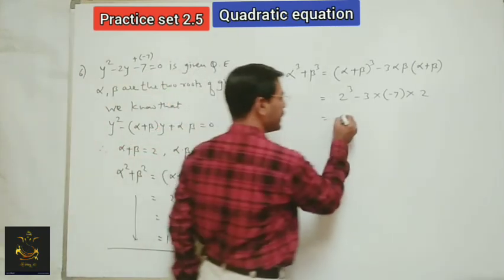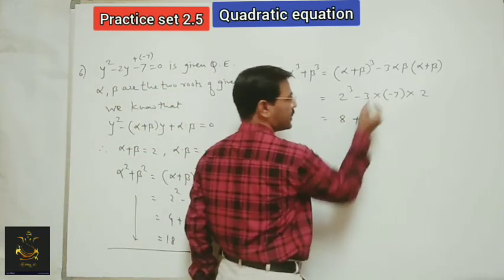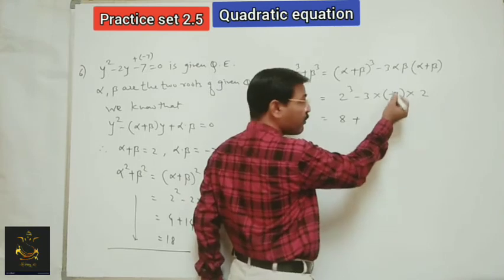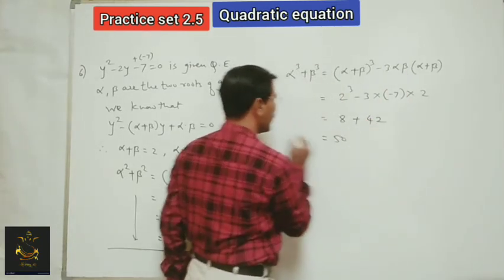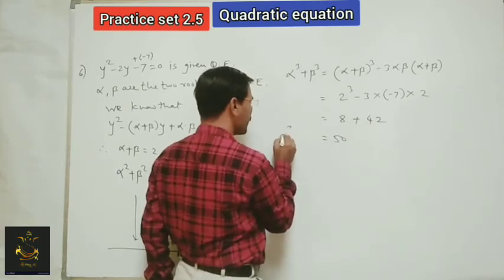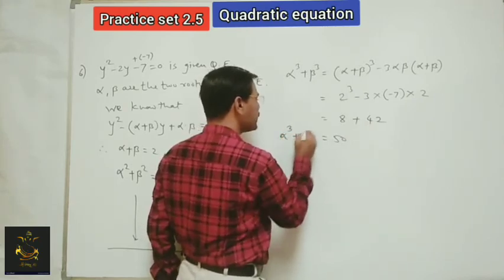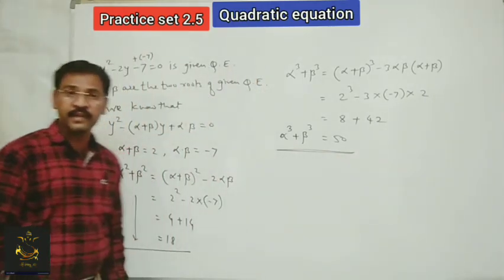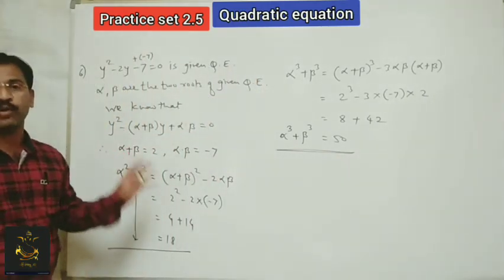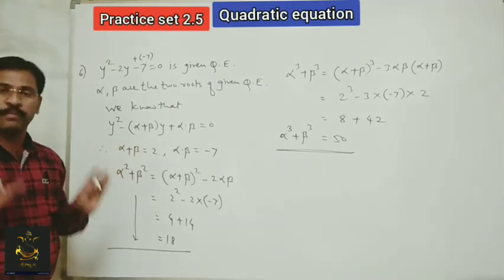It is 8 here. Minus minus plus. 3 sevens are 21. 21 twos are 42. Therefore, how much will come here? This is alpha cube plus beta cube. This is 50. Understand? It is very, very important. Just try to remember this one.